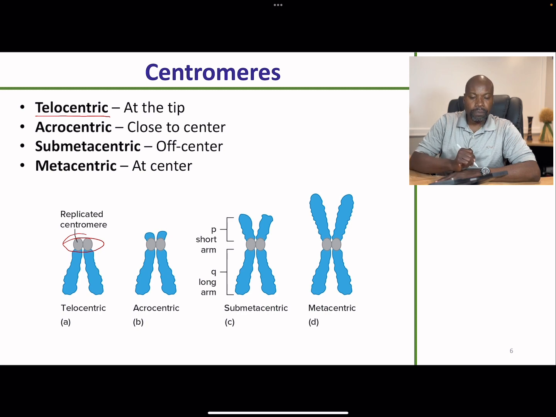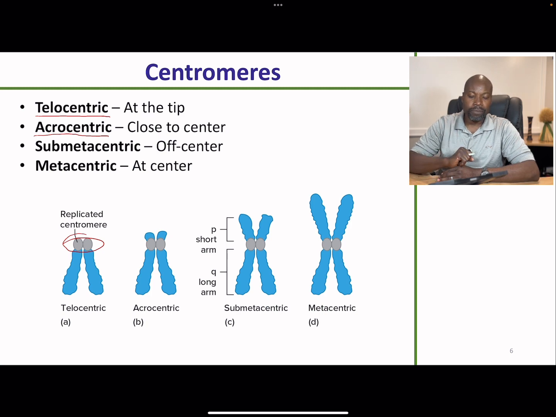That's their position. Then we're going to have centromeres that are not quite at the extremity of the chromosomes, but they are almost at the extremity of the chromosome. These ones are going to be called acrocentric.